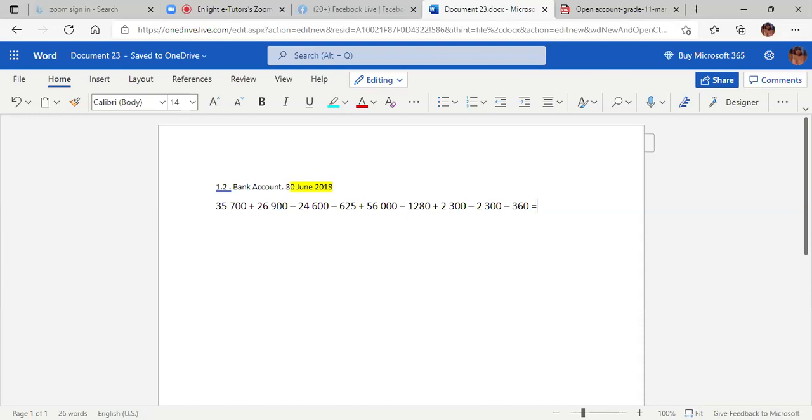Okay, I'll do so. So the balance here is 91,735. And then we're going to do 1.3 quickly in the next 30 minutes, which is the bank reconciliation statement on 30 June 2018.